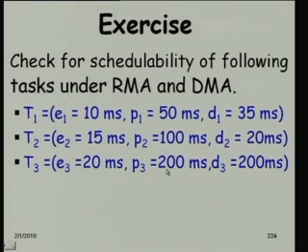So, let us check the schedulability of the task set under RMA first. Please try that. Find the utilization for task 1, which will be 10 by 50, isn't it?